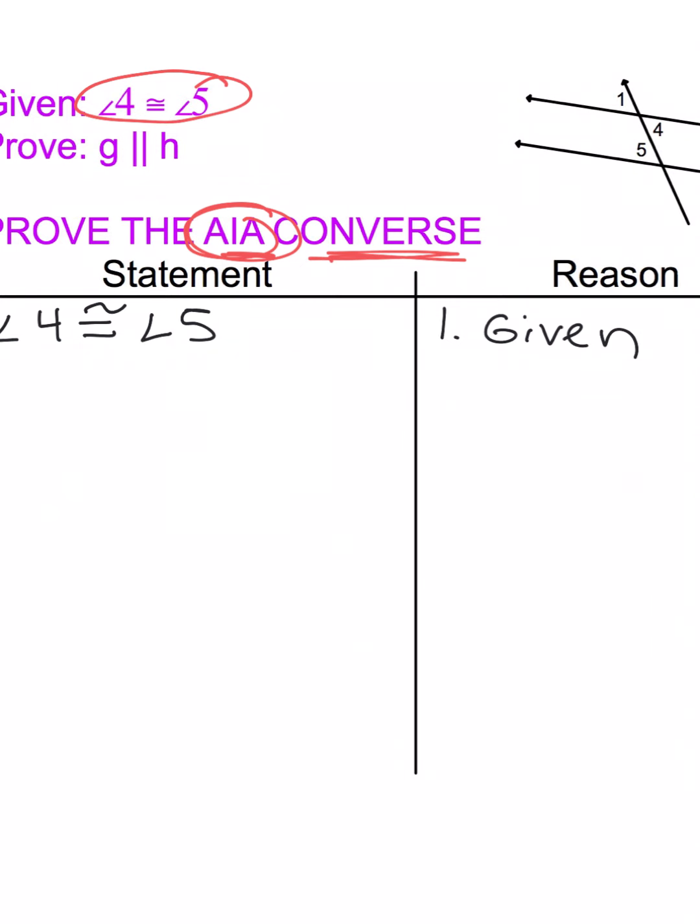So do you see any other types of angles here in this picture? Specifically, vertical angles. Right, don't you guys see we've got 1 and 4 here that are vertical angles? So I can write down here that angle 1 is congruent to angle 4 using the vertical angle theorem.